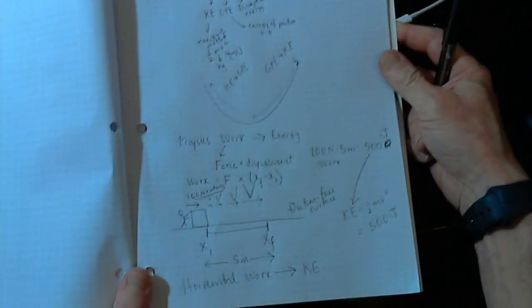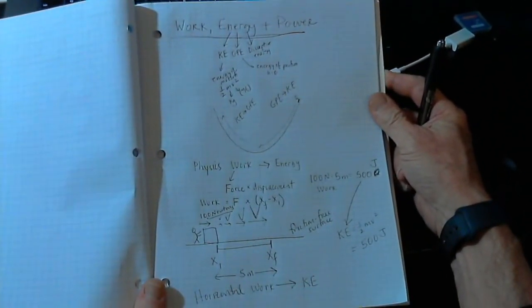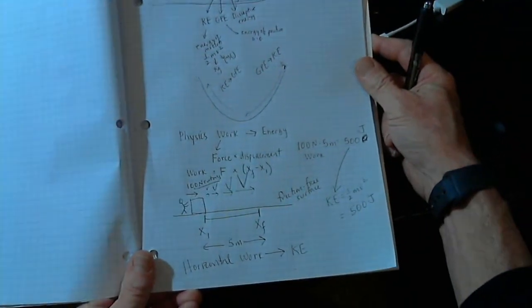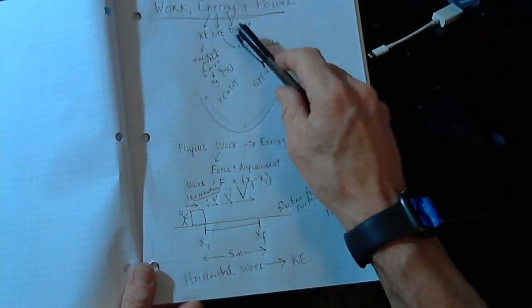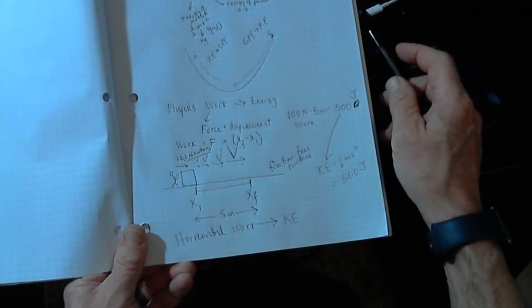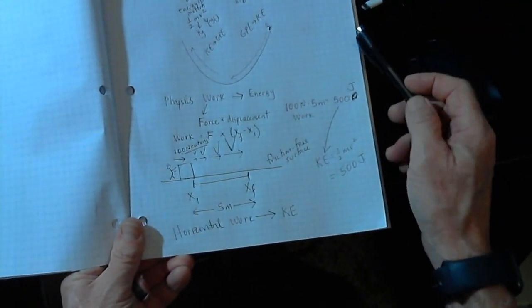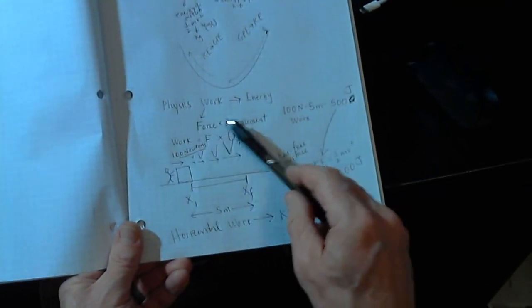Okay? So what all have we talked about? Ooh, look at all the pages. I've got a lot of pages here. Okay, we talked about work, energy, power. Talked about the two types of energy, kinetic, GPE, and dissipative. The work I do is force times displacement.